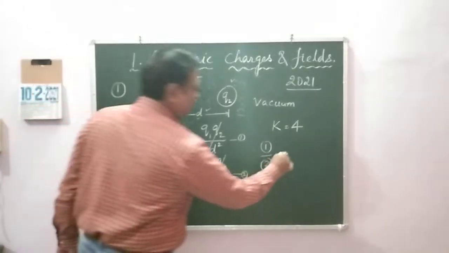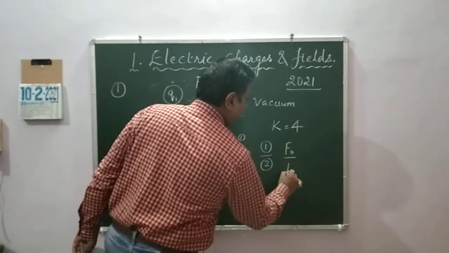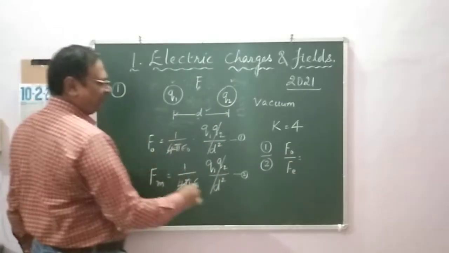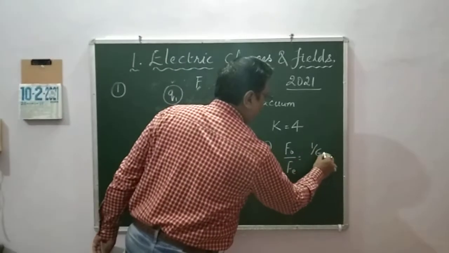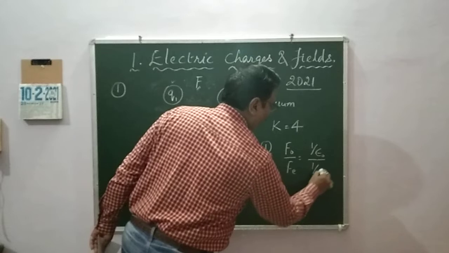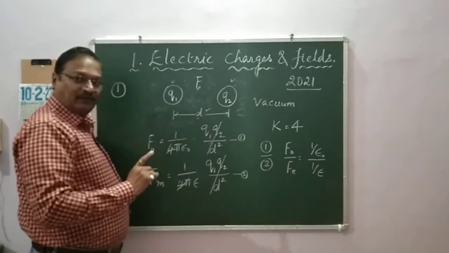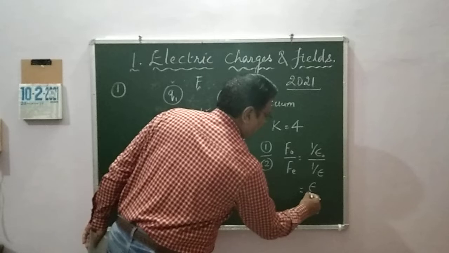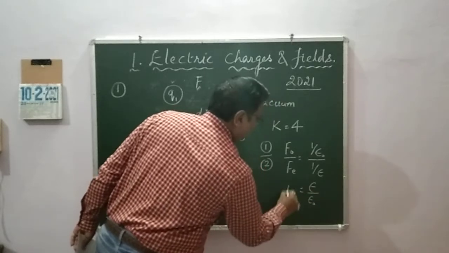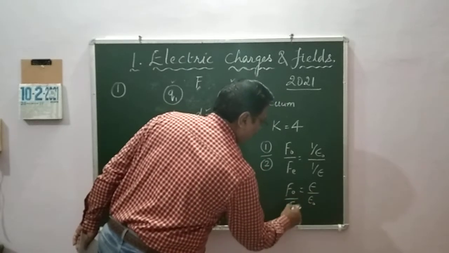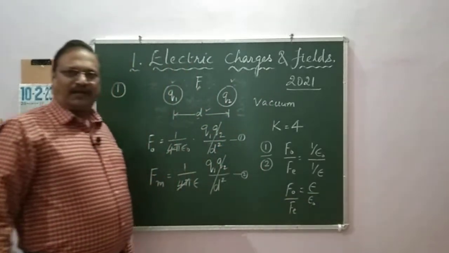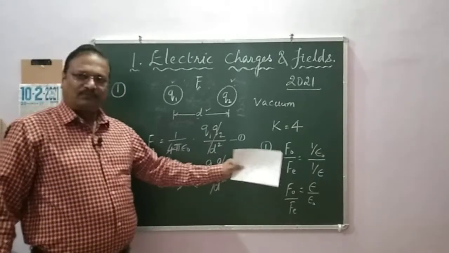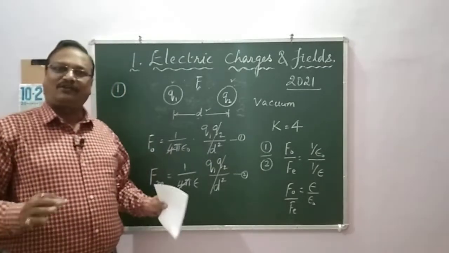So I will say F0 upon Fe is equal to 1 upon epsilon naught divided by 1 upon epsilon. In inverse, we write epsilon upon epsilon naught is equal to F0 upon Fe. I hope you understand this.